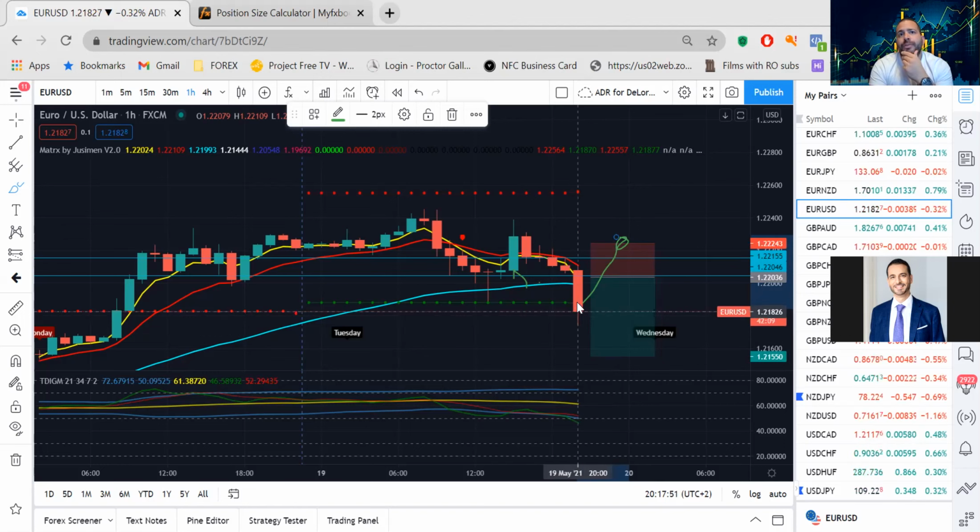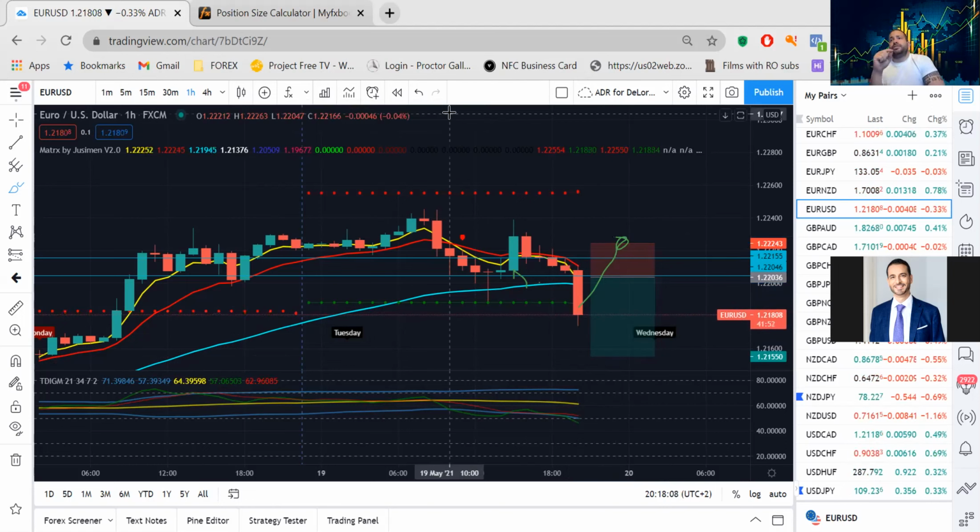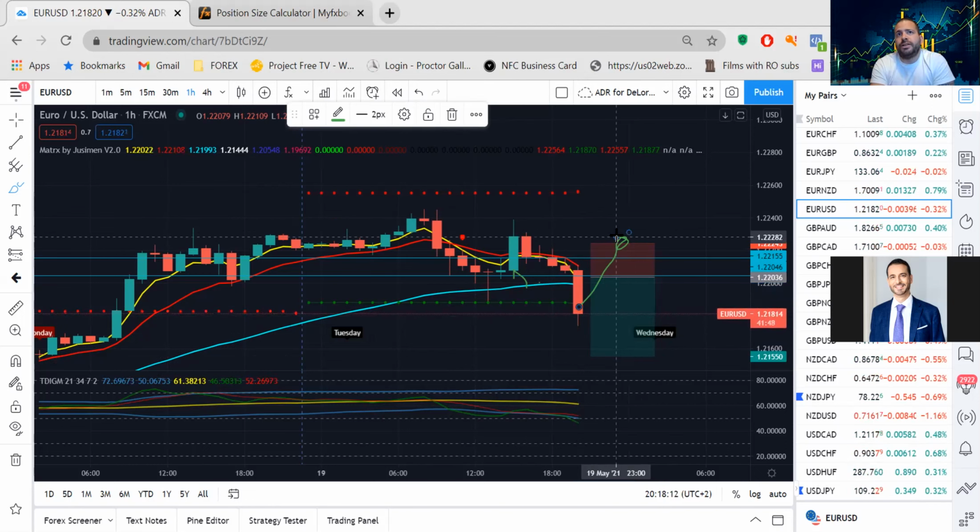If, however, price continues going down and hits this part, our trade will also close automatically and will have made money. So this is how trading works. Now, why is this important? Because before we enter a trade, we like to see where we expect the market to go and at which point we're ready to cut our losses. It's as simple as that.